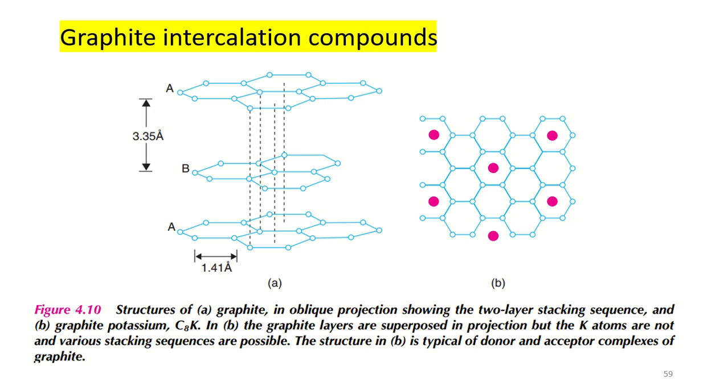And this uniformity in graphite is actually the reason for the reversible nature of reactions, which are essentially unaffected by intercalation.